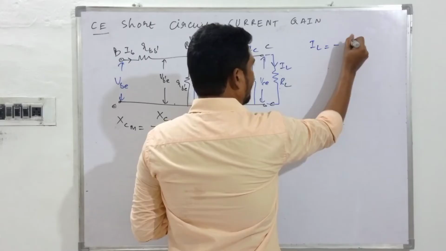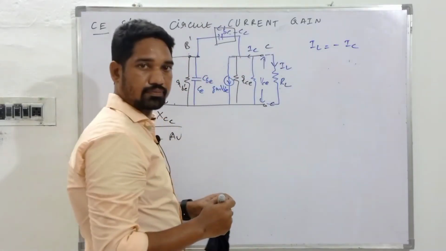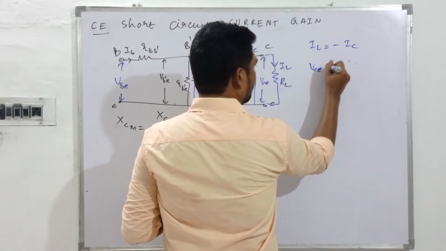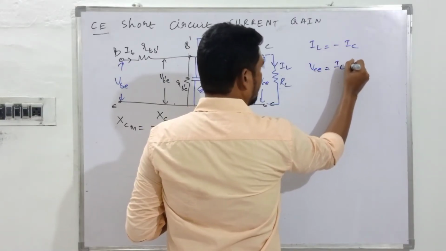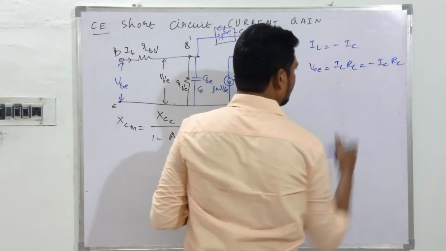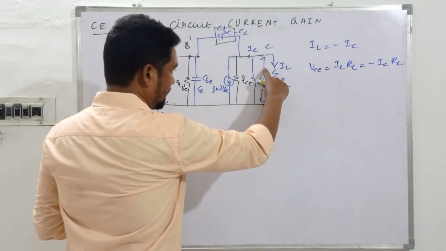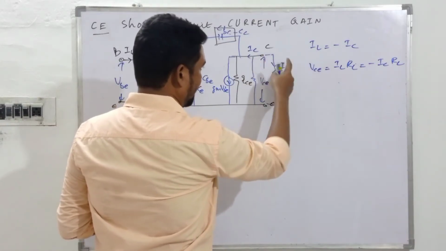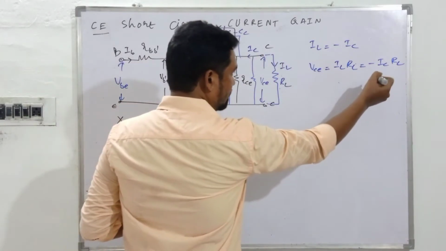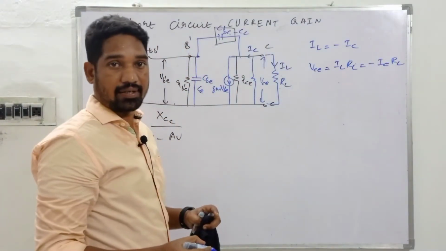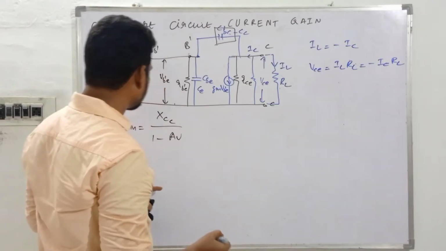IL will be equal to minus IC, against each other, right? And VCE will be equal to IL RL, which is equal to minus IC RL. Is that clear? VCE is equal to IL RL. IL and IC are against each other, so minus IC RL. This is L, this is C, don't get confused.